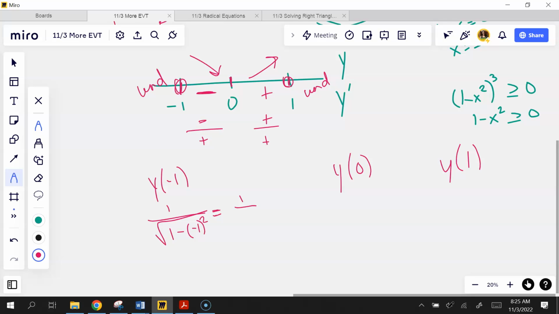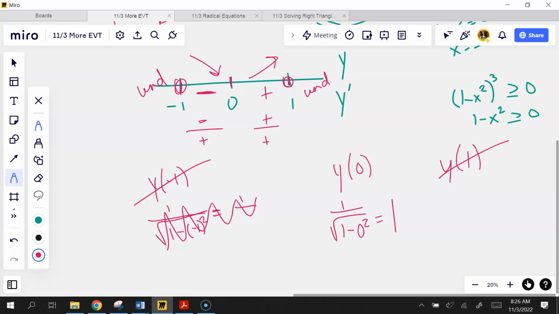All I can say is y of 0, find that value, which is 1 over the square root of 1 minus 0 squared, which is 1. All I can say is this function has a minimum value of 1 at x equals 0. I can't say absolute because my endpoints are undefined.